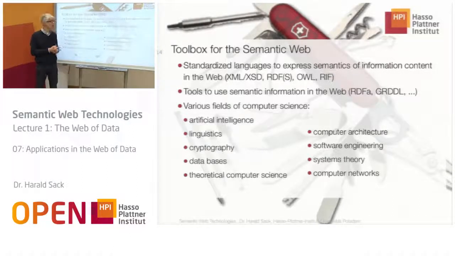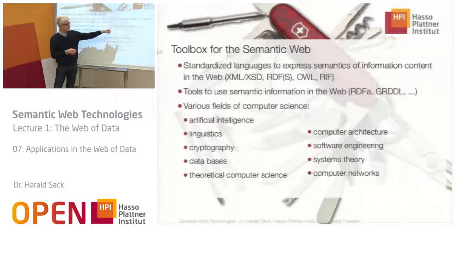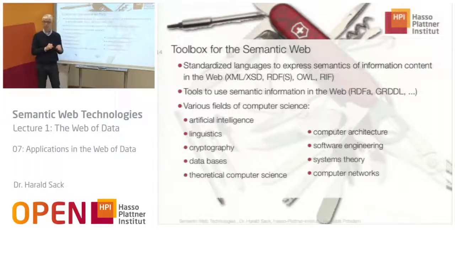And we have tools to use this information in the web. So there are also techniques to get these representation languages of the semantic web into the web. This is done, for example, with RDFa and Gradle. We will come back to that later.